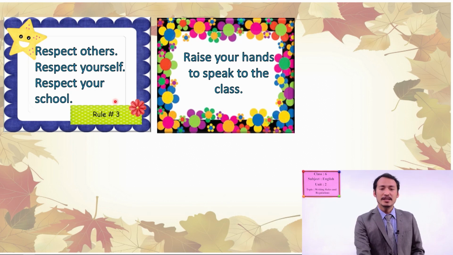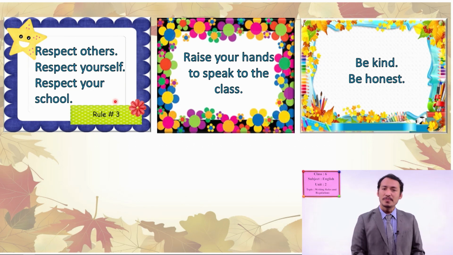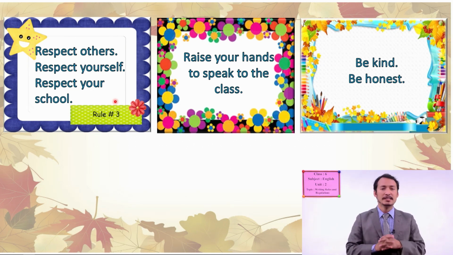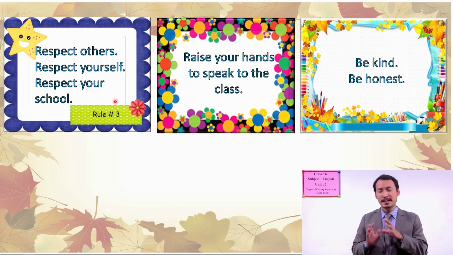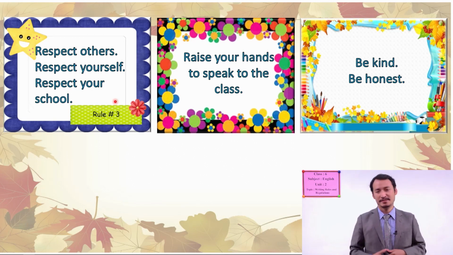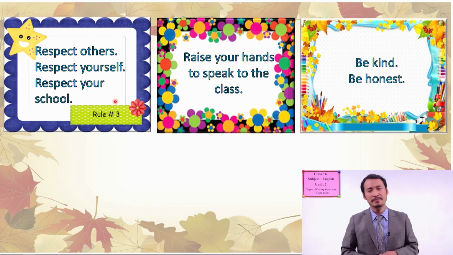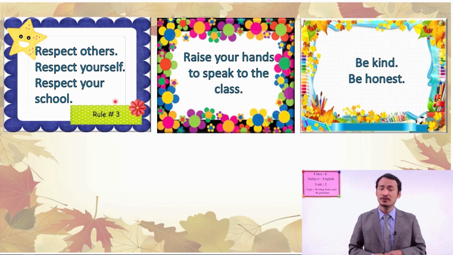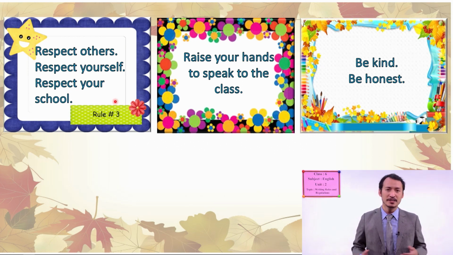Okay, so let's see another one. Be kind and be honest. You must not harm others. You cannot steal the things from your friends. So you have to be honest. You have to tell the truth. You should not lie to others, so others may suffer.